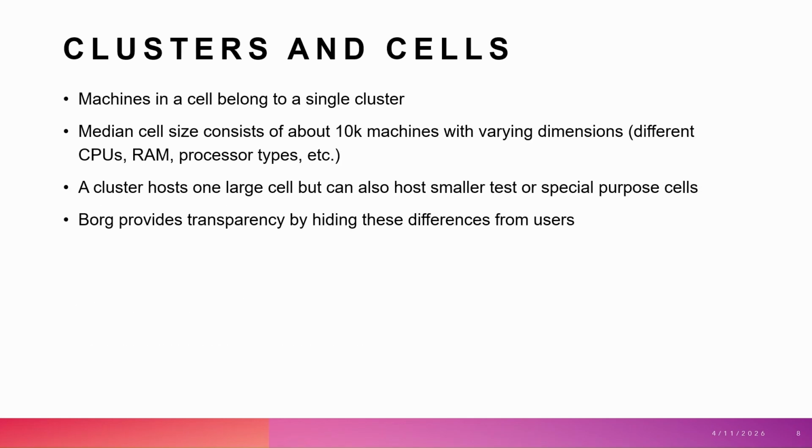Like I mentioned before, we have cells, and each cell belongs to a cluster. So the machines in a cell belong to a single cluster. The median cell size consists of about 10,000 machines with varying dimensions, meaning different CPUs, RAM, processor types, etc. A cluster hosts one large cell, but can also host smaller tests or special purpose cells.